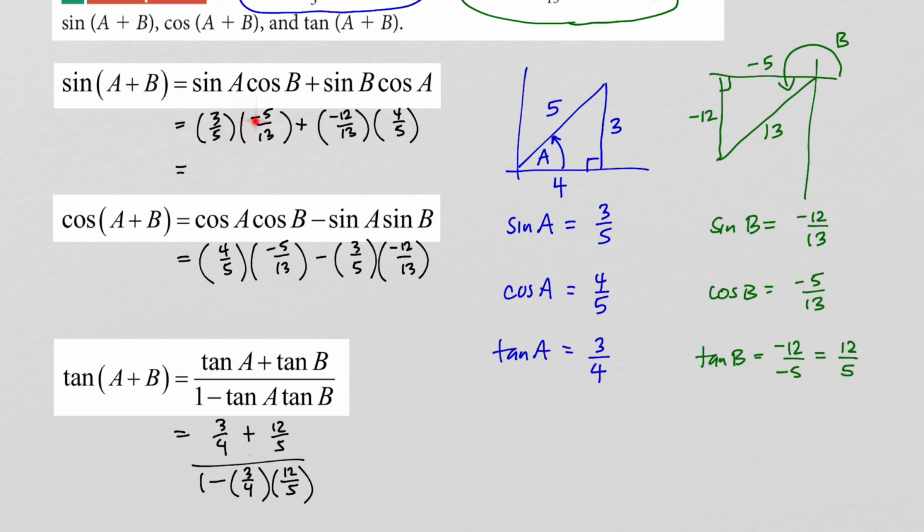Normally you would cross cancel here, but I'm not going to cross cancel because I want to keep the common denominator. So this is negative 15 over 65. Plus, and then here we have negative 48 over 65. And so this is equal to negative 63 over 65.